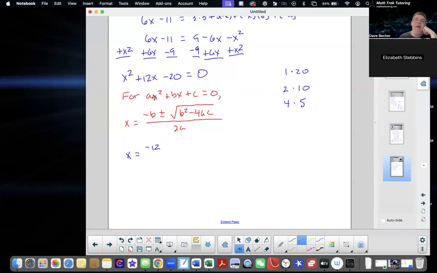Okay, so here's the caveat. ax squared, bx. b is the coefficient, right? b is the number in front of the x. It's not the x, because we don't put x's in this formula, do we? No. Do you know what I mean when I say coefficient? Yes.